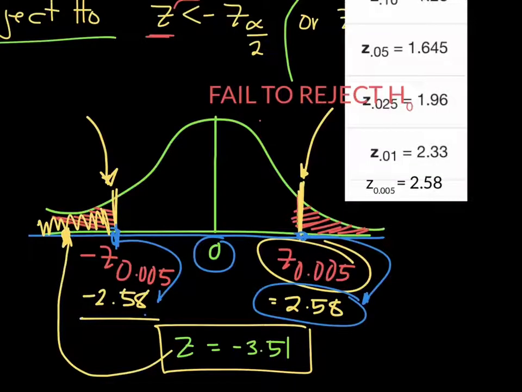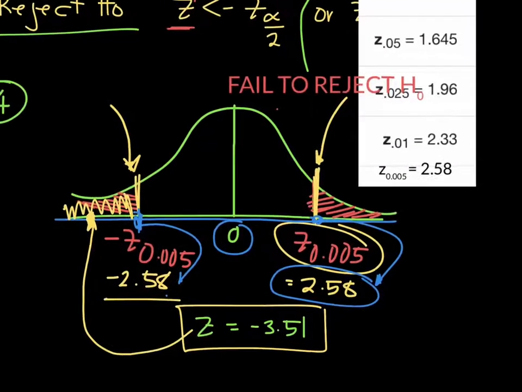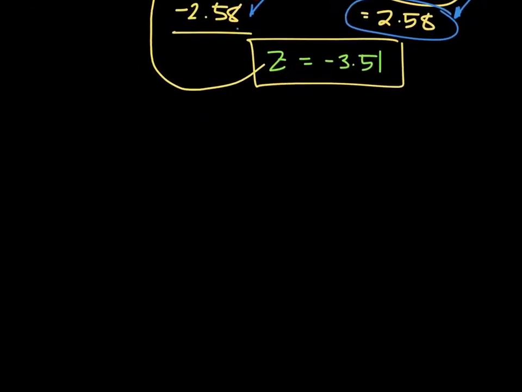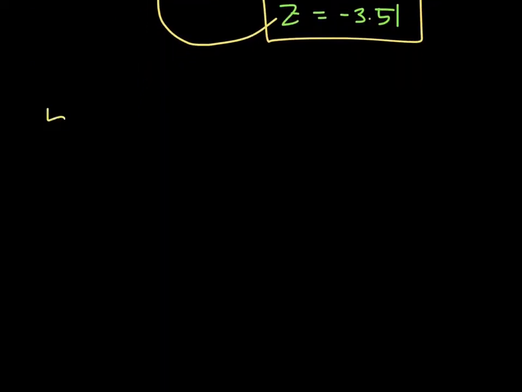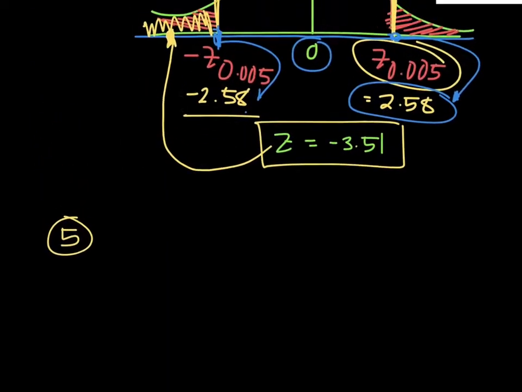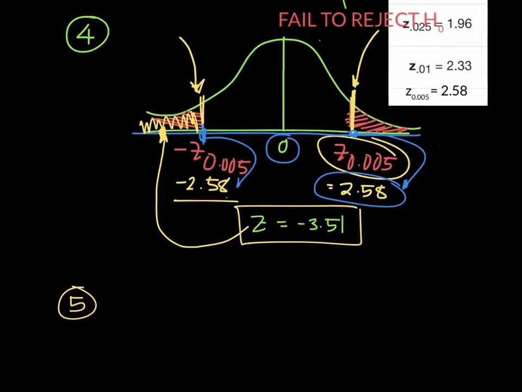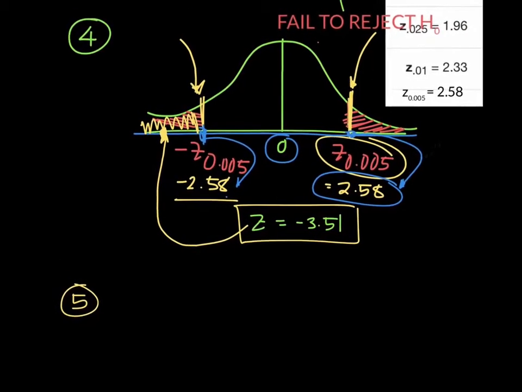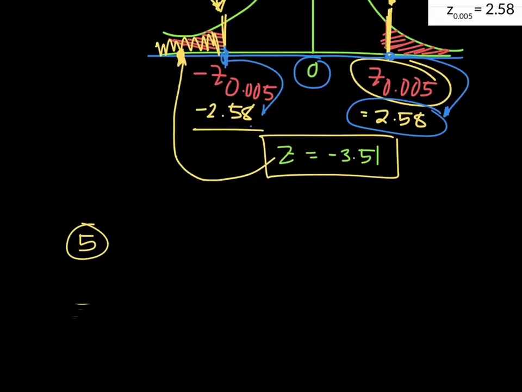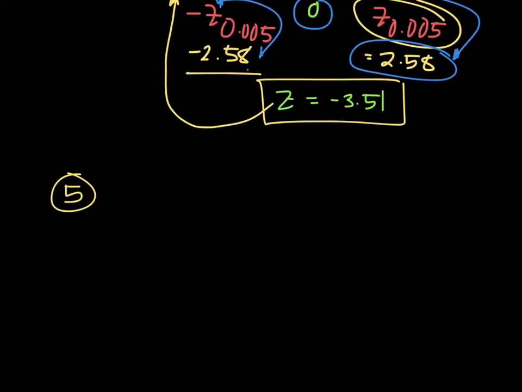Okay, immediately after this step, we can now make our conclusion, and that is our number 5. So as we can see in step number 4, since the z is less than negative 2.58, then that means the decision is we have to reject H0.